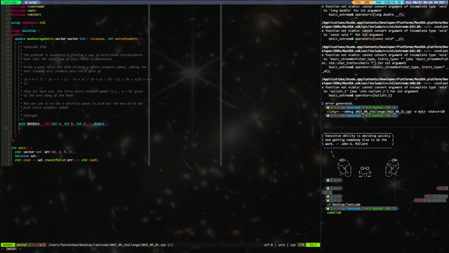So given the previous is X, if I add one more, what's the additional gain? So get gain is going to return a static cast double of B minus A divided by B plus X divided by B plus X plus 1. Okay, so that's get gain.